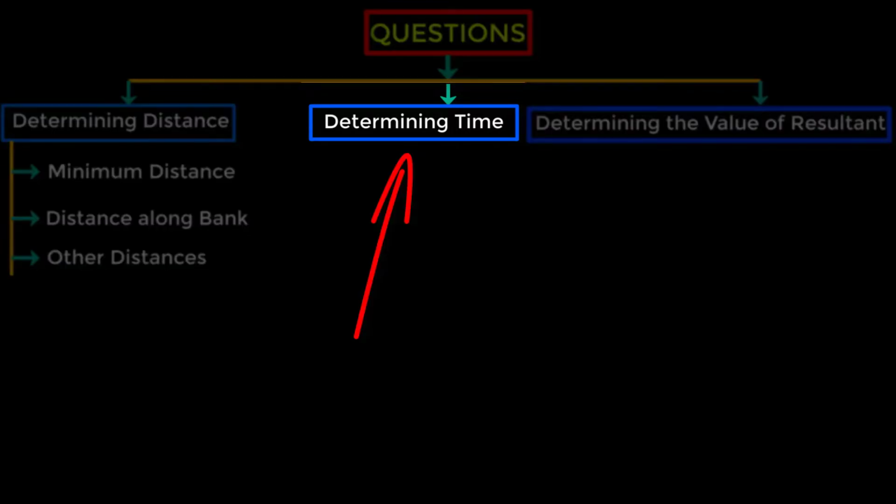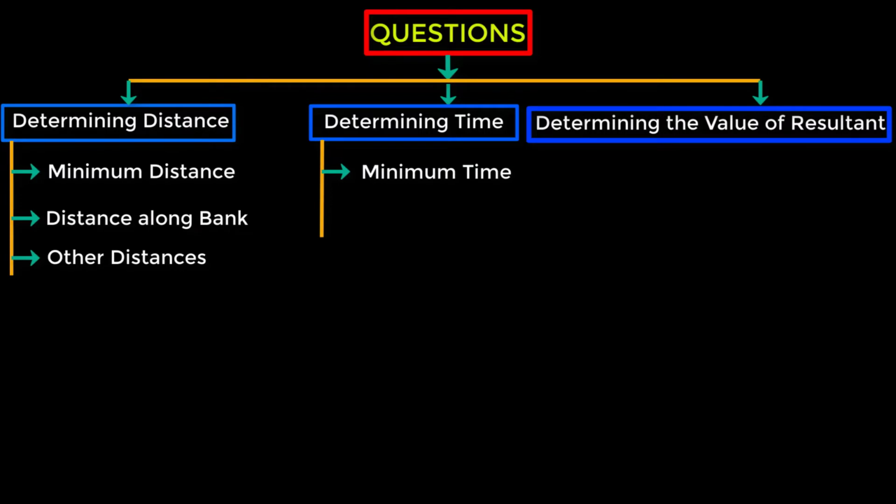And determining time can be of two types: minimum time and other times. Now we will learn which formula we should apply to determine minimum distance, distance along bank, other distances, minimum time, other times, and the value of the resultant, with full explanation one by one.